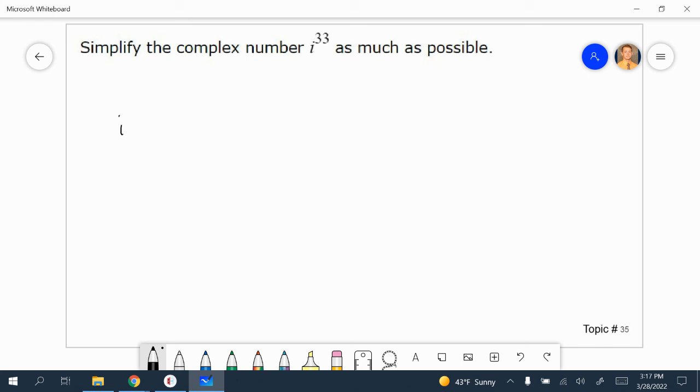We know that i equals the square root of negative 1, but in this case, I'm just going to write it as i. i squared is the same thing as the square root of negative 1 squared, which is, as we talked about in our last two topics, negative 1. i to the third power is basically these two combined because one of them's i squared and one of them's i, so we would really have the negative square root of negative 1, which is the same thing as saying negative i.